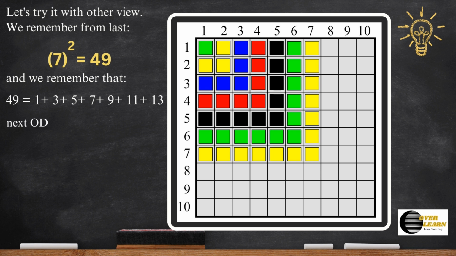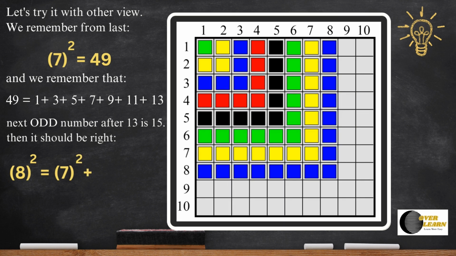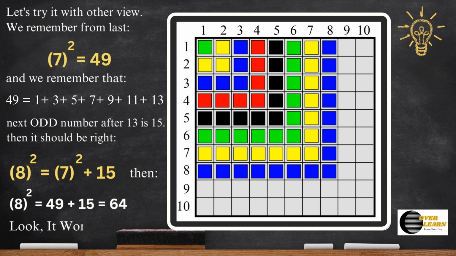The next odd number after 13 is 15. Then it should be right. 8 power 2 is equal to 7 power 2 plus 15. Then 8 power 2 is equal to 49 plus 15, which is 64. Look, it works.